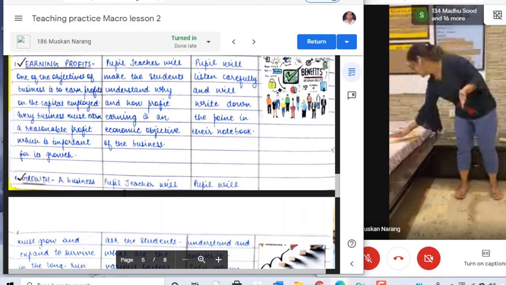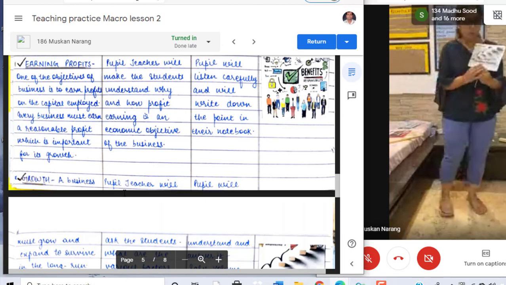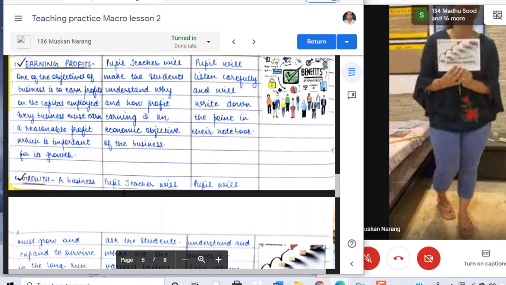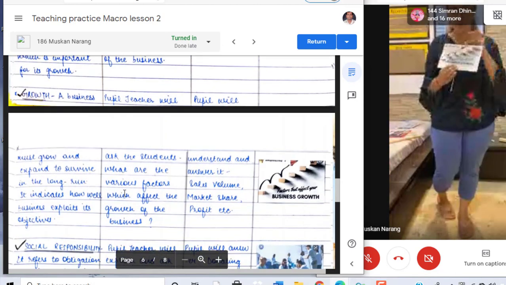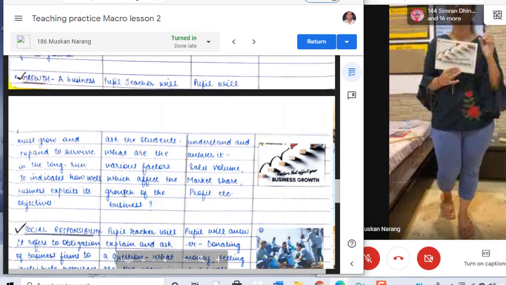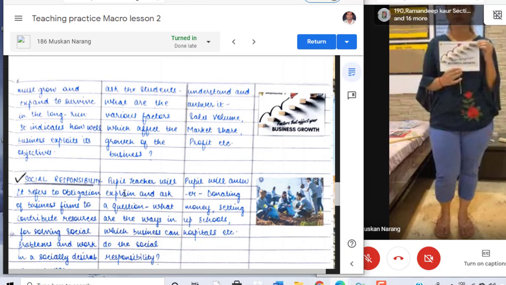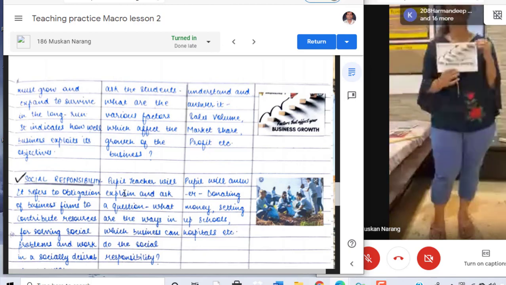So students, I'm asking you a question. What are the factors that affect business growth? Can you suggest some factors? Yes, students. Political factors, yes.